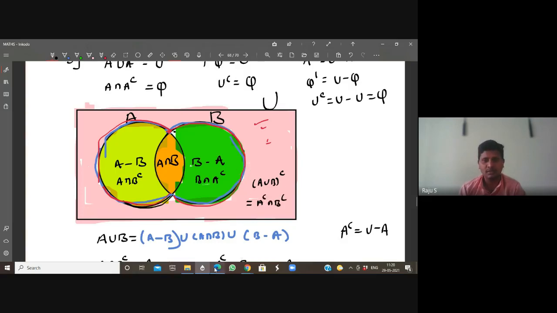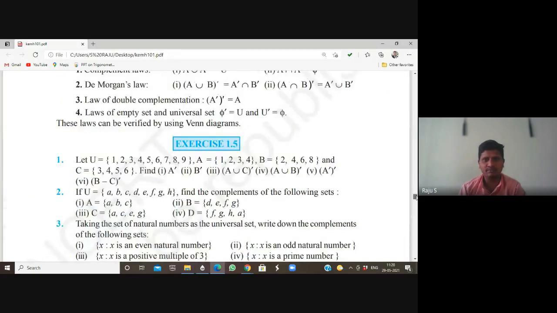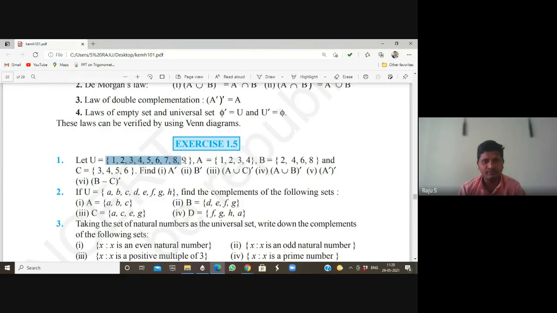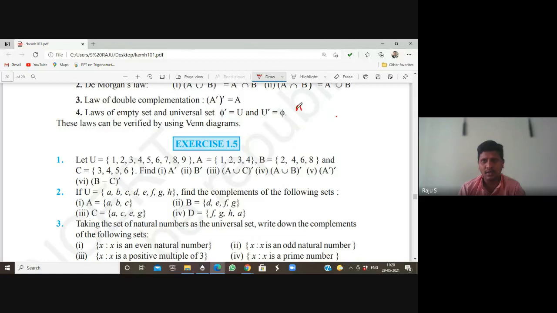Okay, students, coming to the first question. The questions are actually easy. First, the universal set is given, A is given, B is given, C is given. Then the first question: can anyone say the answer for the first one, A complement?